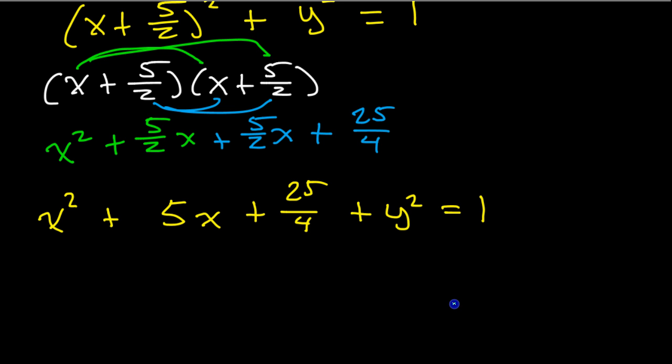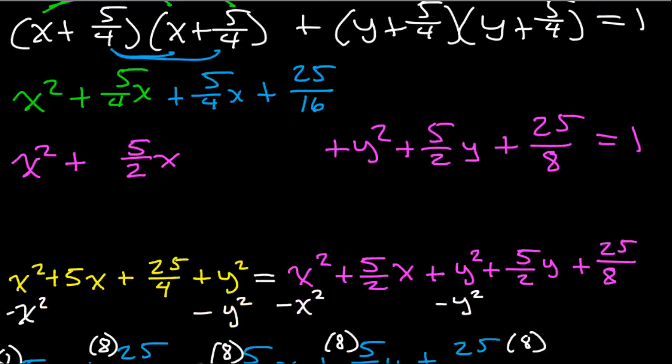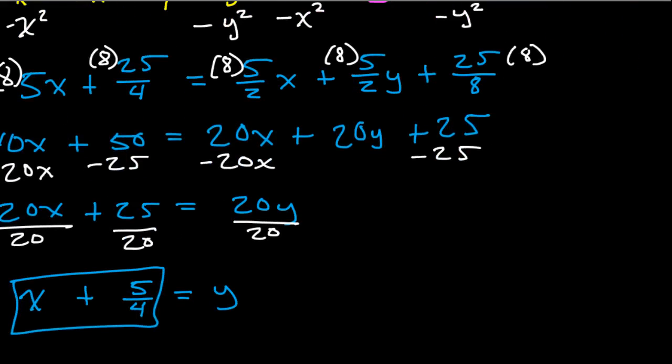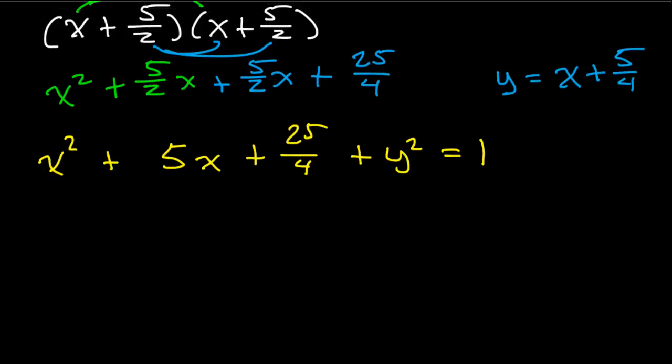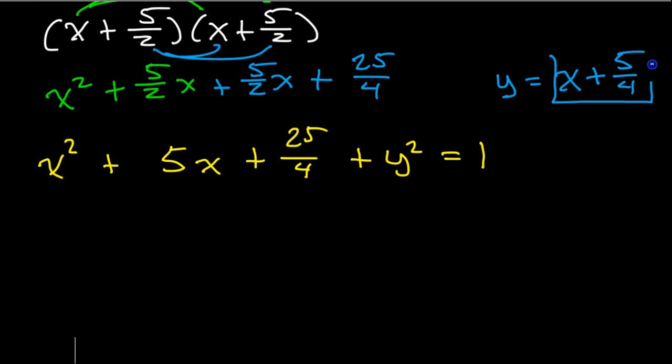So what was that again? We just decided that y equaled, I think it was x plus, and I think it was 5/4. I have a horrible memory. So I'm going to look back down. x plus 5/4. Okay, so y equals this guy. So I'm going to do that substitution.